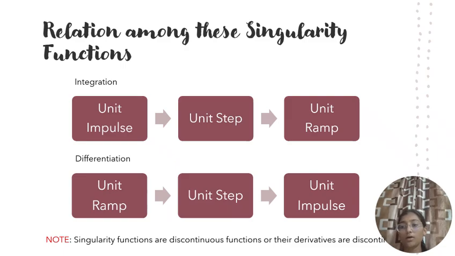Similarly, integrating the impulse function gives you the step function, and integrating the step function gives you the ramp function. This relationship is very useful for constructing complex signals mathematically by combining and differentiating or integrating these basic building blocks. These singularity functions are discontinuous functions, or their derivatives are discontinuous.